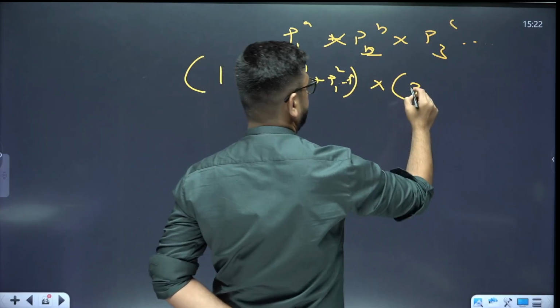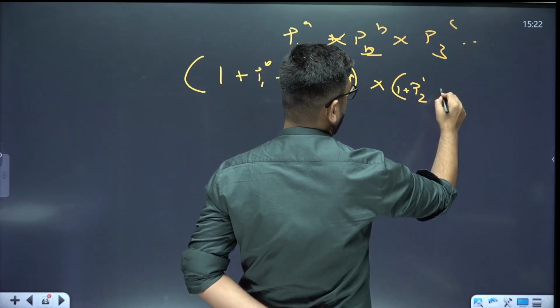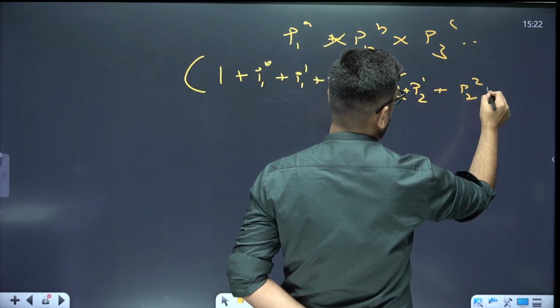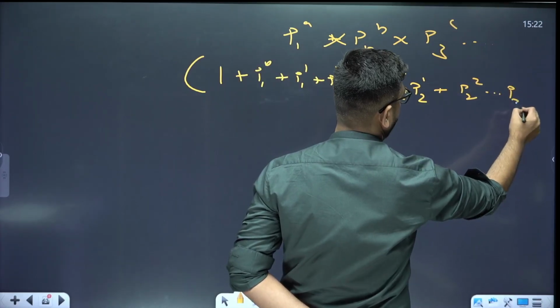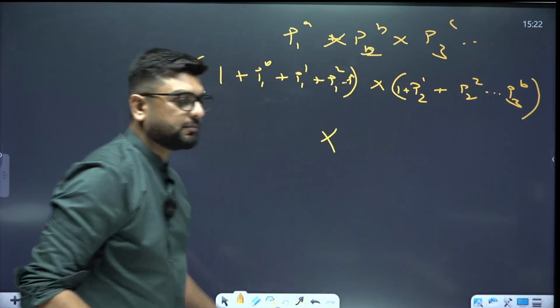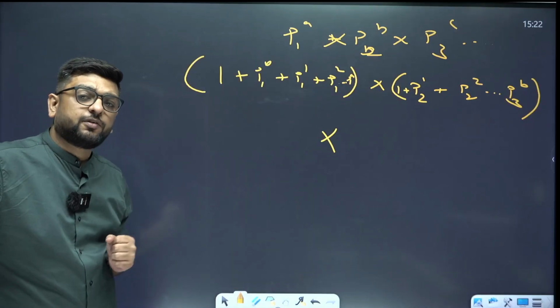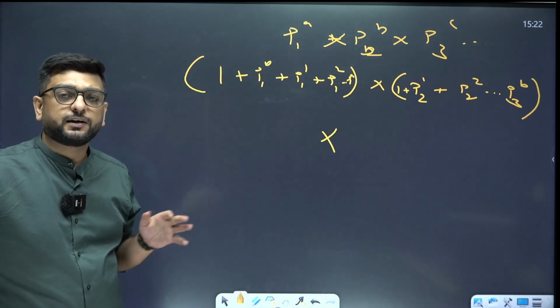Then for the second prime, 1 plus p2 raised to power 1, p2 raised to power 2, and so on, right, multiplying the same thing. So we have to multiply it in that accordance. Okay, this is what our sum of the factors is.